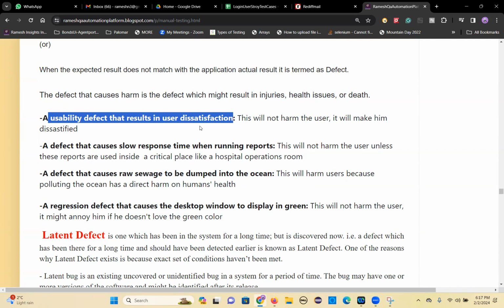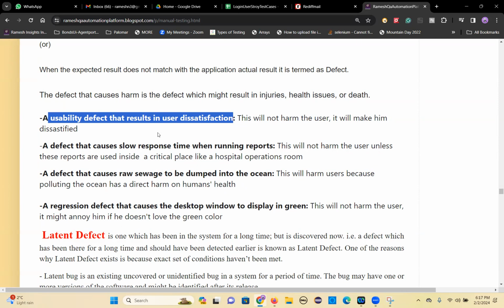There is no harm, but it looks odd on the pages, so the user will be dissatisfied with the look and feel. You will check spelling mistakes, whether alignment is correct or not, whether consistency is proper or not, error message consistency, grammatical mistakes, from the usability perspective. That's what we discussed already.